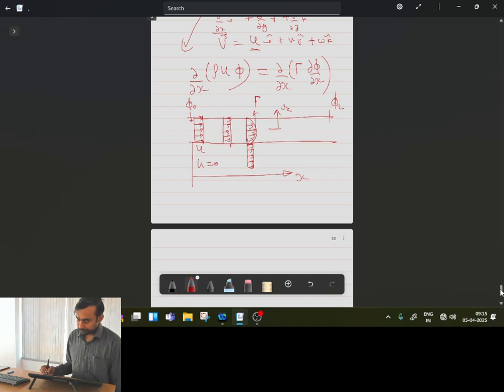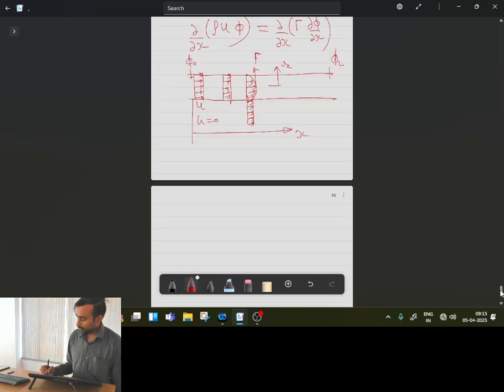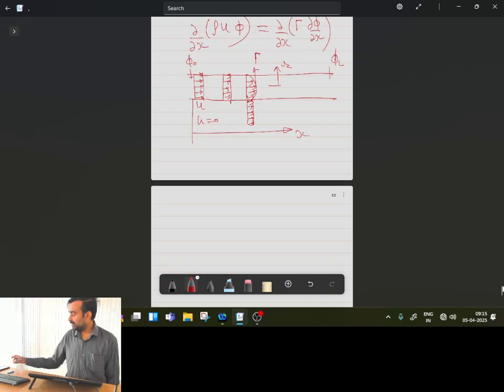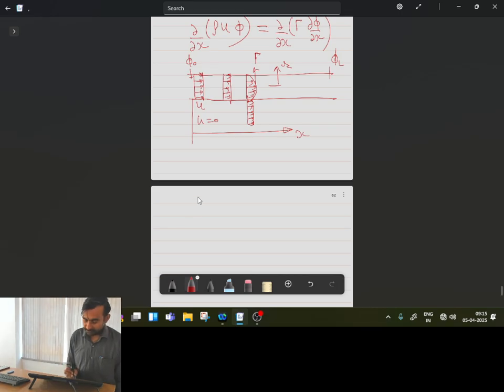So what I will be getting now, first what I need to do, this is my pipe, this particular pipe I need to discretize geometrically. I need to define a finite number of control volumes.